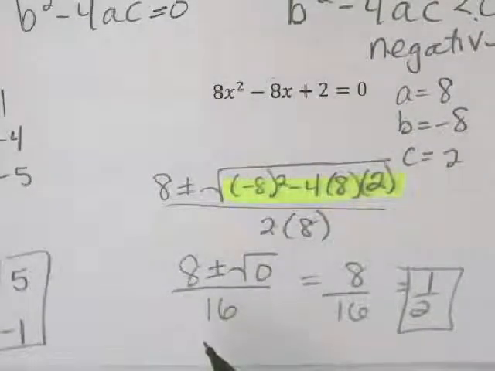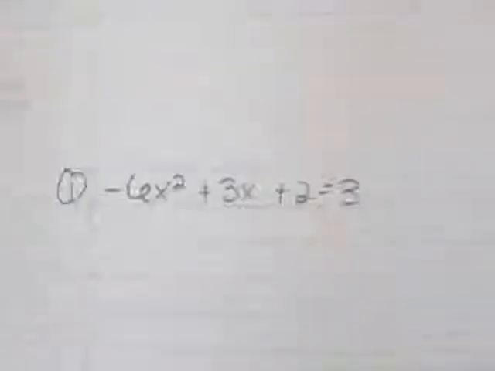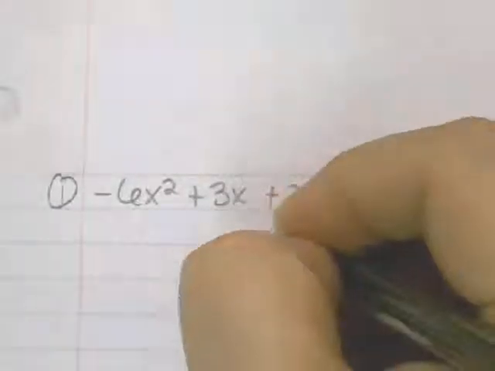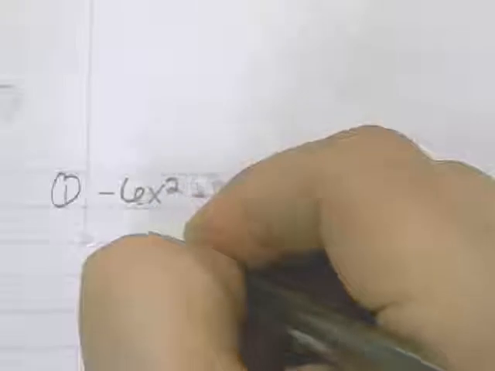And so now plug it in my formula. Opposite of B, plus or minus square root, B squared minus 4AC, all over 2A. So again, I'm going to plug in this part, which is just the discriminant.